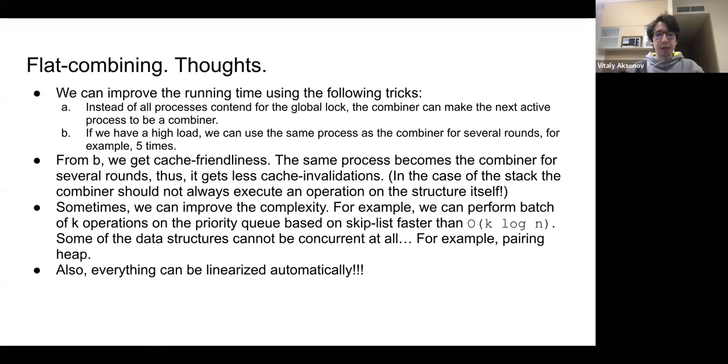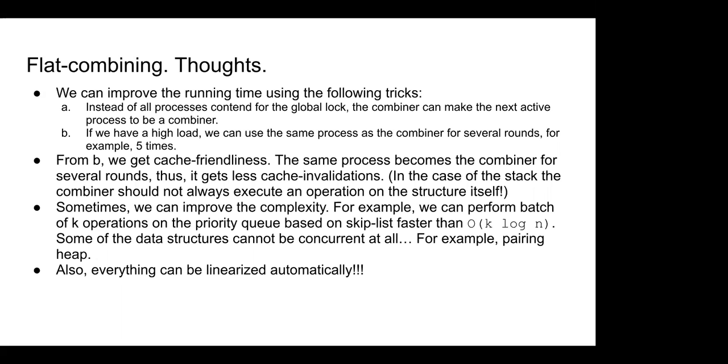Okay, and about the queue again, the very important thing here is that everything can be linearized automatically. If you use flat combining, you will have linearization there. Is it clear that we have the simple linearization there? It seems yes, because we have explicit locking.